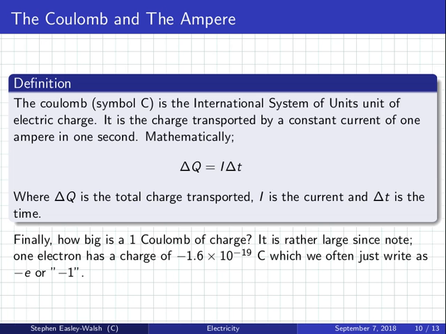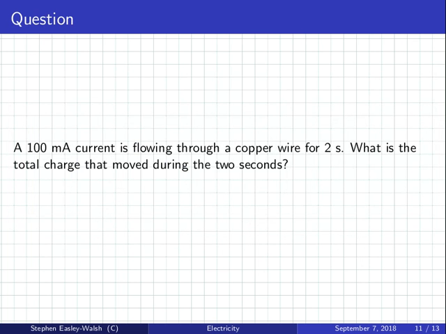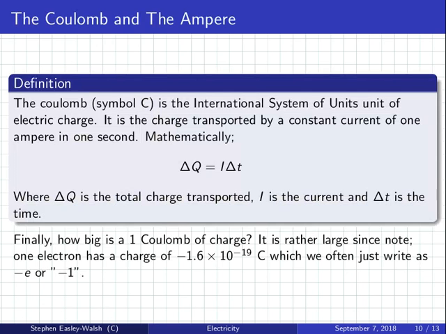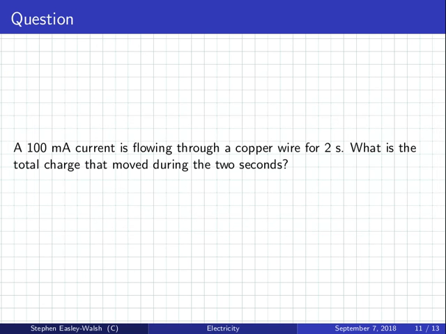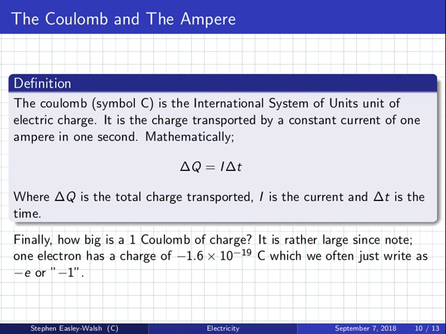Got that? Yeah? Okay, continue? Right. Here's a very easy one. We only have one formula for today. Our only formula is charge equals current multiplied by time. That's the only formula. So, my question is, 100 milliamps flows in a copper wire for 2 seconds. What is the charge? Okay, well, use this formula to tell me what the charge is.